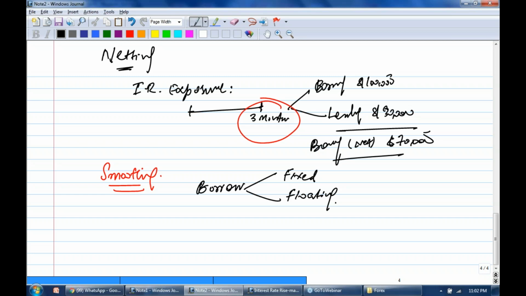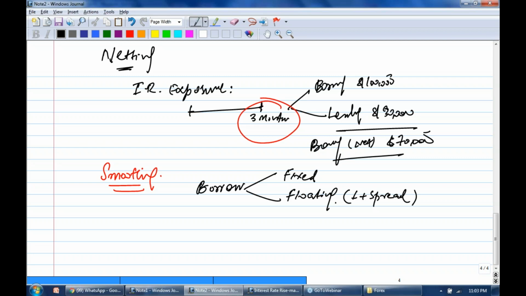Okay. Floating means you will borrow the money at LIBOR plus spread. Spread means a percentage, 1%, 2%, 3%. Fixed rate, floating rate.